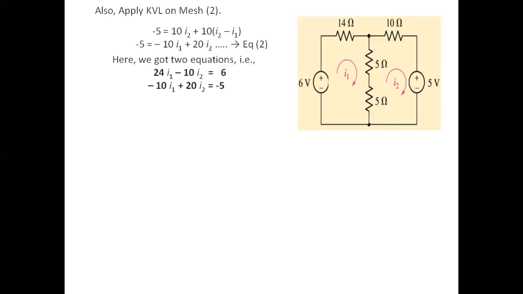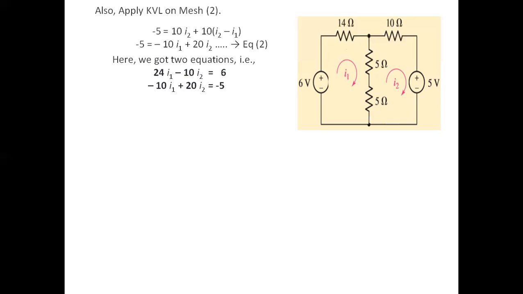So at that time if you use Cramer's rule, it is very easy to find the unknown values. Now here it is only two equations, but we are taking Cramer's rule because it is already asked in the problem that we need to find the current values by using Cramer's rule.